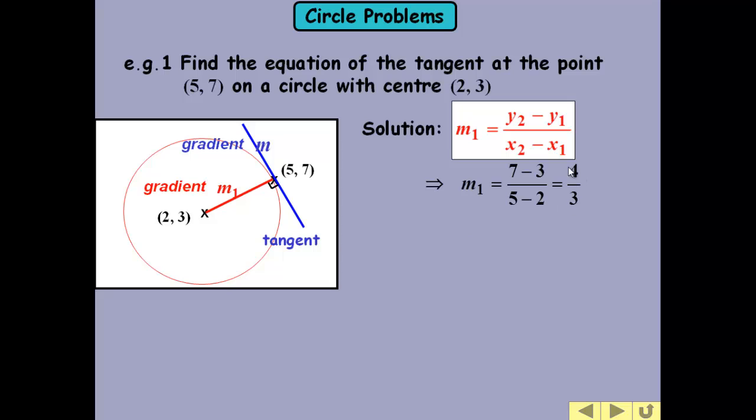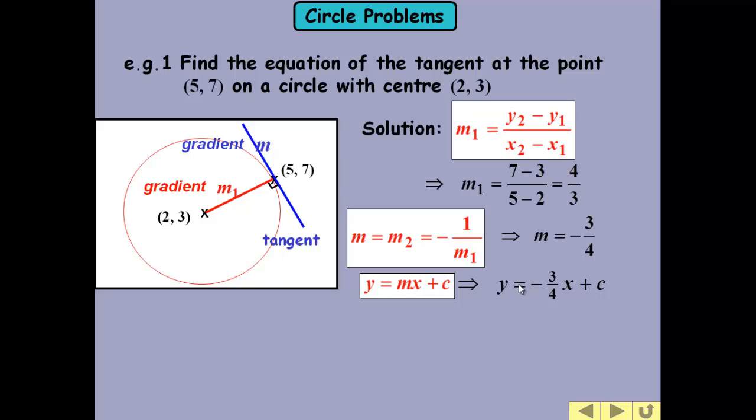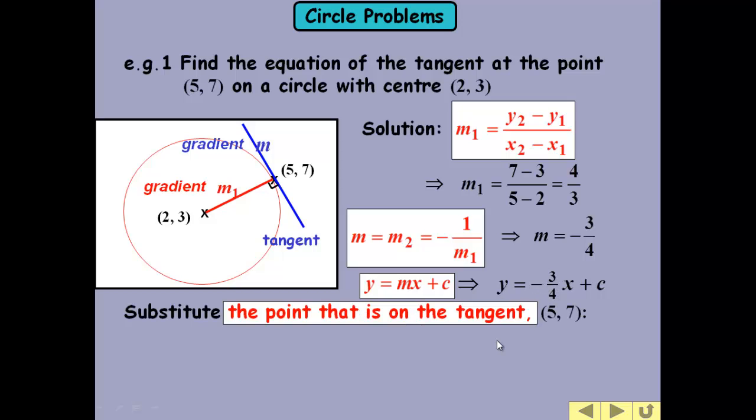The gradient then of this line, the m1, is 4 over 3. That tells us that the gradient we want for the tangent is minus 3/4. So we put the minus 3/4 in here. The point on the tangent we've got is 5, 7.